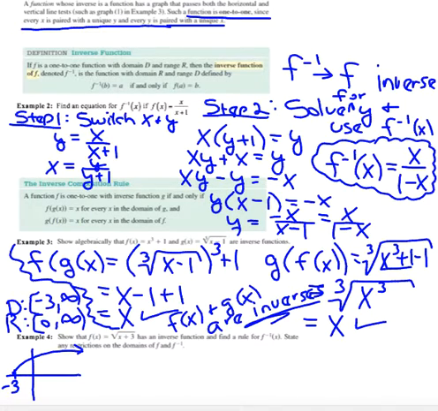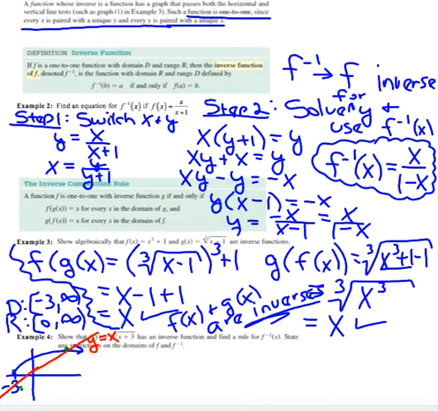Now I do want to say this. If I graph y equals x, which is the reflection line for inverses, and I know you talked about that quite a bit last year, that means the inverse is going to reflect across that. All I'm doing is reflecting across the axis.